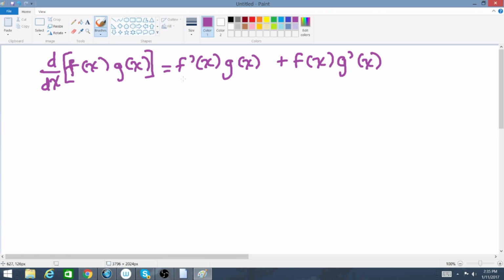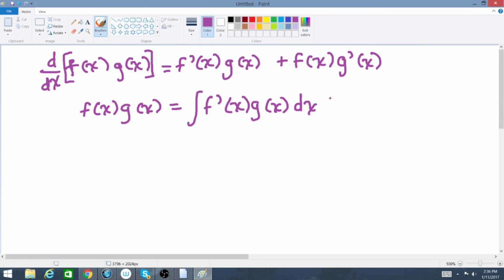Now we can integrate both sides of the equation, which would make this side become simply f of x times g of x equals the integral of f prime of x times g of x dx plus, again, the integral of f of x times g prime of x dx. Now we can take this equation and isolate for this term over here, moving this term over to the other side.